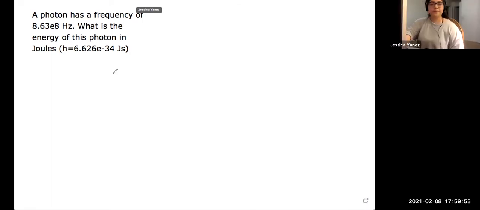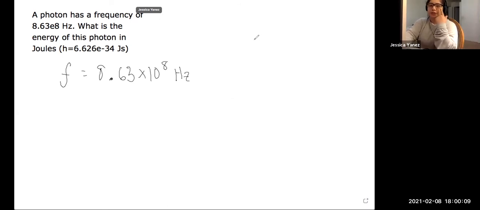So we have that frequency is equal to 8.63 times 10 to the 8 hertz. So what is another thing that you learned during lecture? Hertz is the same thing as saying what? 1 over seconds, or seconds to the negative 1 power. And they're asking you, what is the energy of this photon? So we want to find energy.